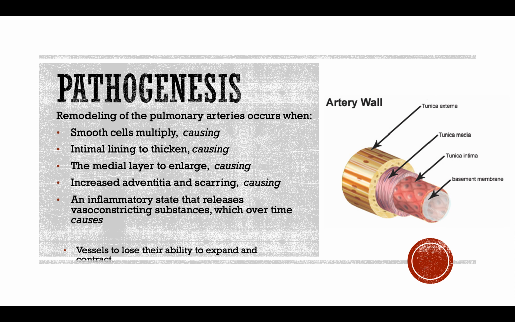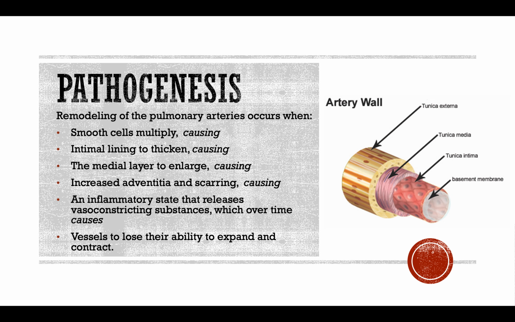And over time, this causes the vessels to lose their ability to expand and contract with normal everyday movement, such as walking up the stairs. Your heart needs to expand and works a little harder and faster. The vessels need to be able to have that high flow, low pressure state, which they do not have in pulmonary hypertension.